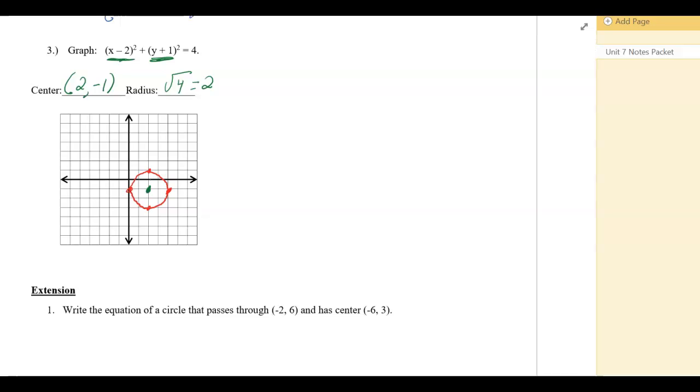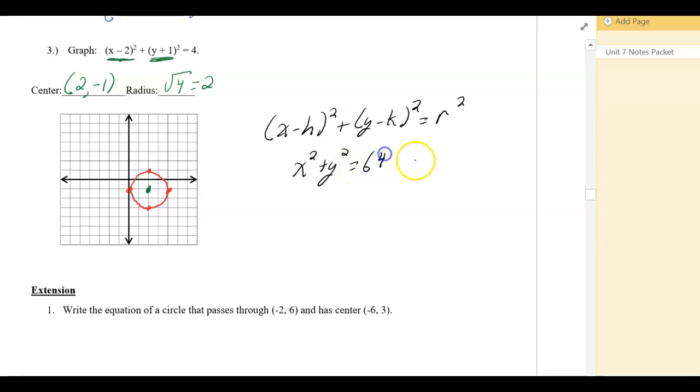So the main idea for this lesson is x minus h squared plus y minus k squared is equal to r squared. If you have x squared plus y squared equals, let's suppose, 64, the center is 0, 0, because there is no h and k, and the radius is the square root of 64, which is 8.